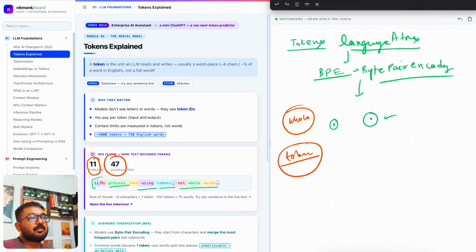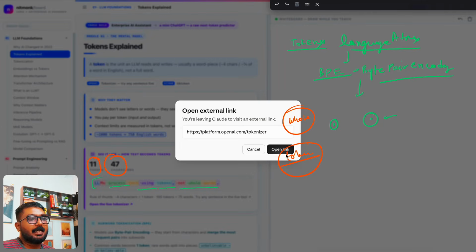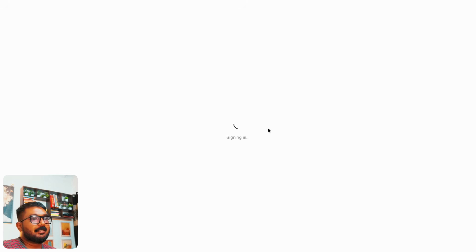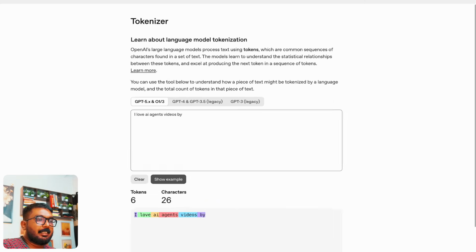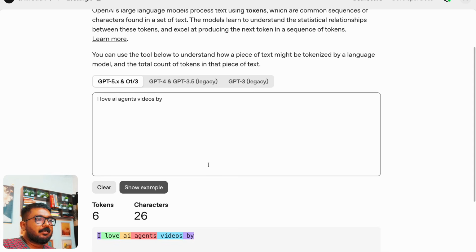So I have added these two papers. There is a tokenizer. I will open the tokenizer and try to see from here. I said, I love AI agents videos by NIT Monk. Let me make it a little bigger.